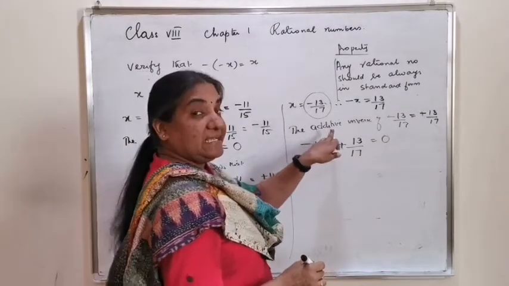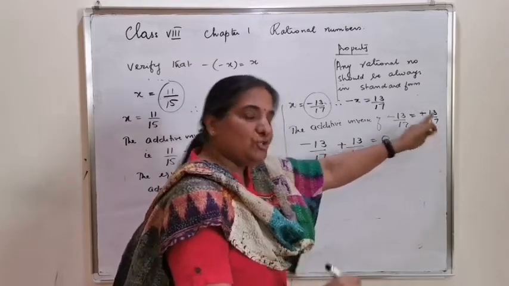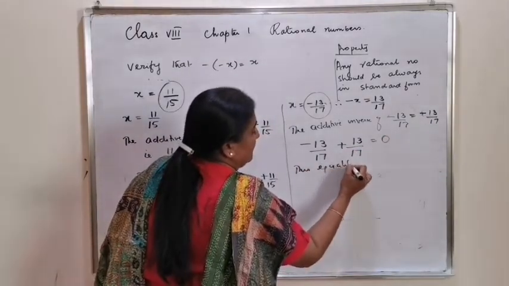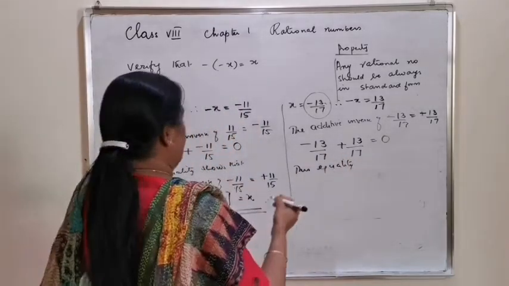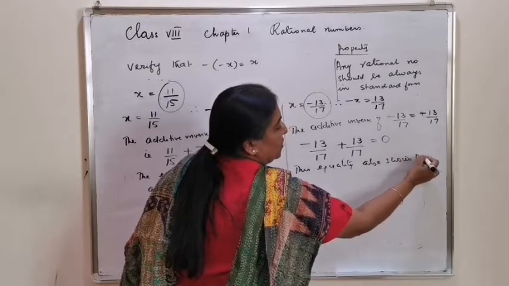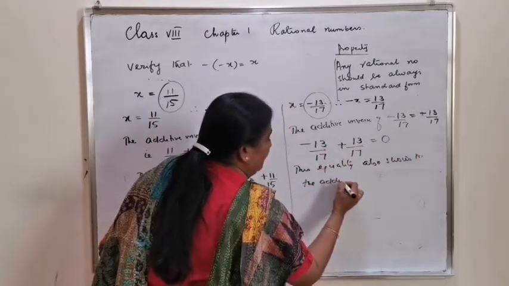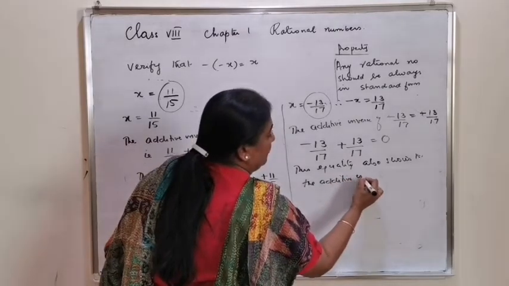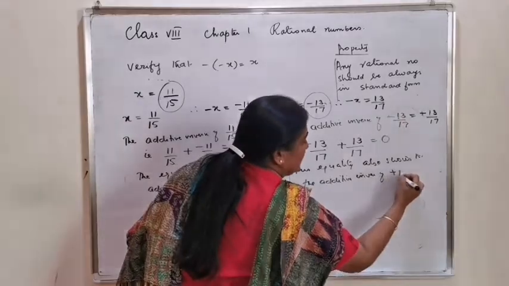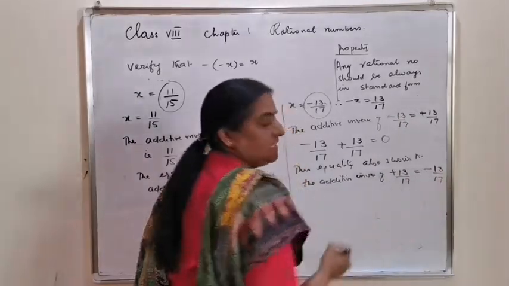This equation says that the additive inverse of minus 13 by 17 is positive 13 by 17. Also, this equality shows the same meaning: the additive inverse of positive 13 by 17 is negative 13 by 17.